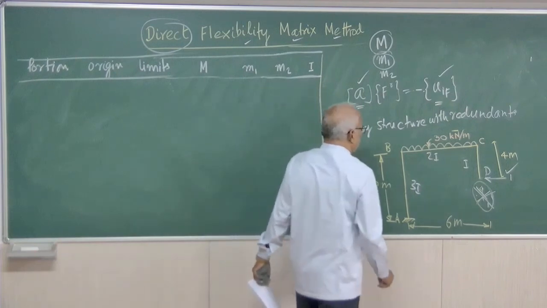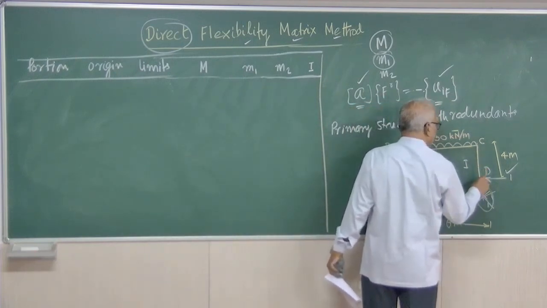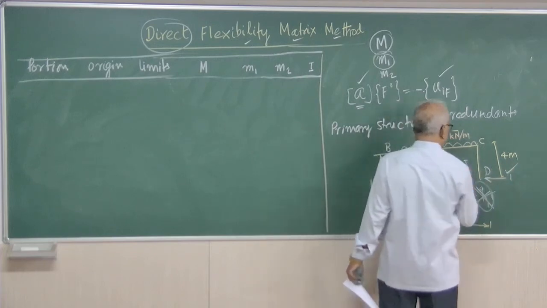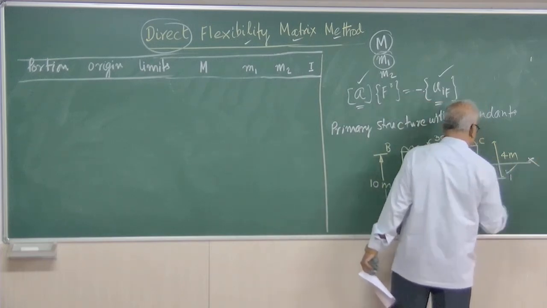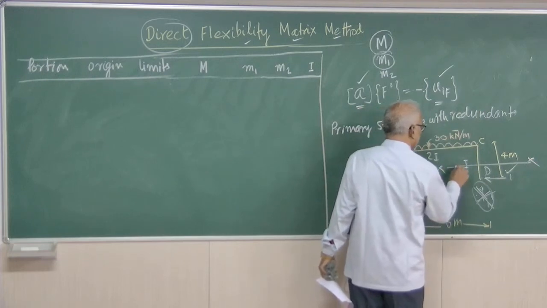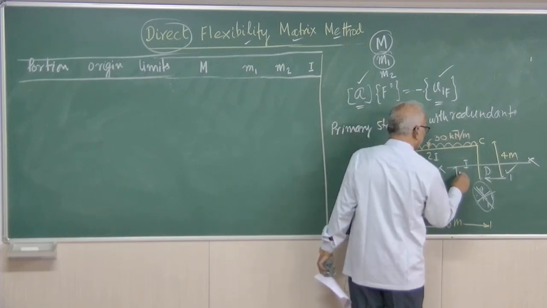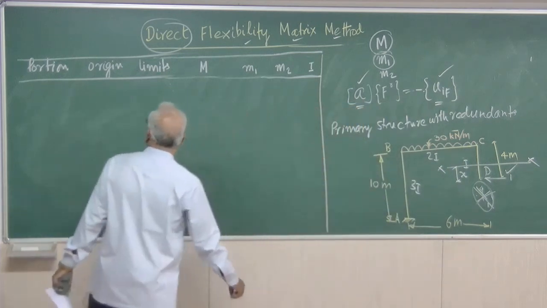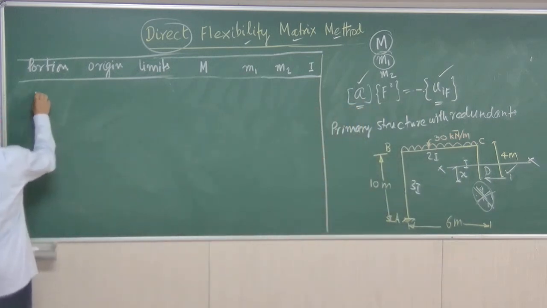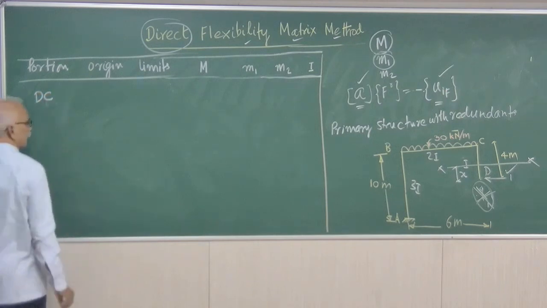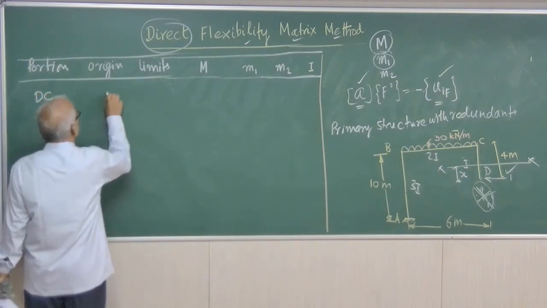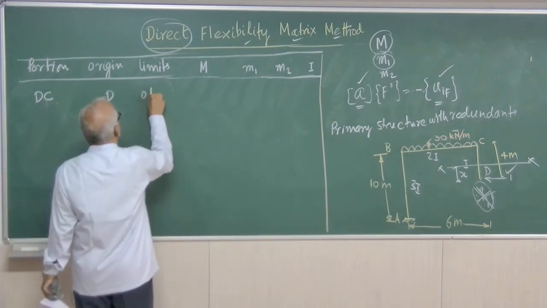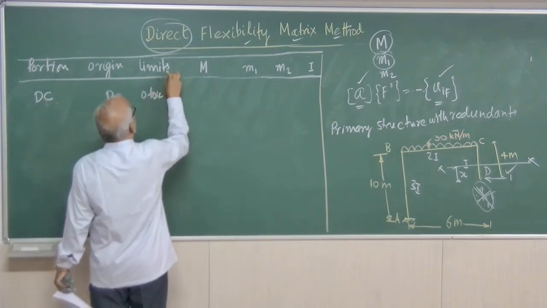Now, here there is no load in the column CD, so we will take one section at any height, section XX at a height X from the point D. Therefore, first portion is DC, origin is D, the height of the column is 0 to 4 meters.